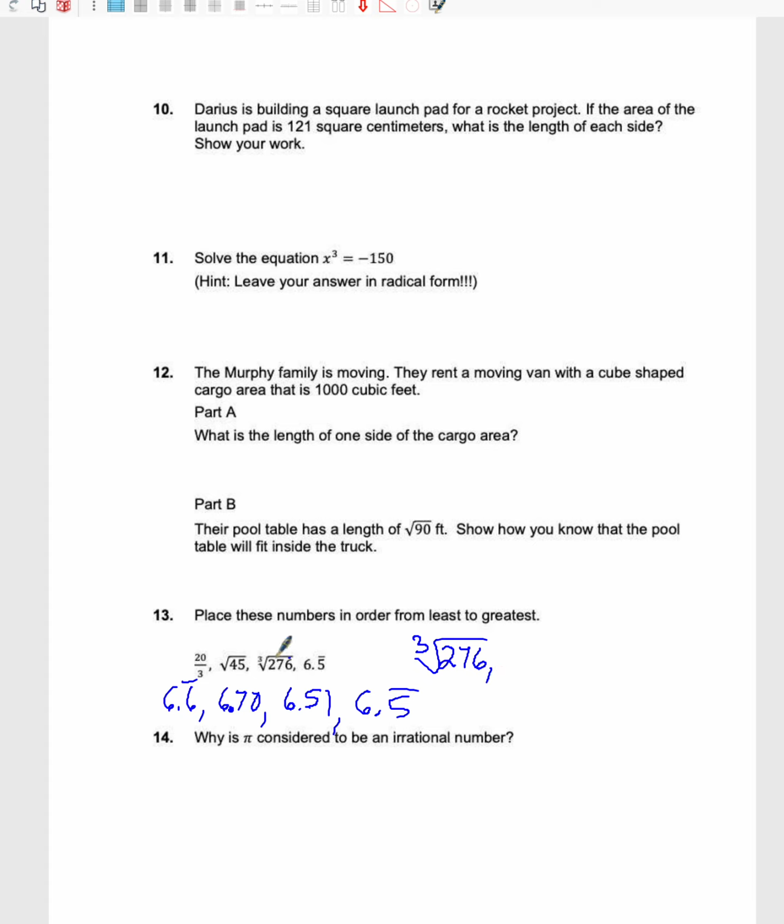What's the next one? 6.5 repeating comes next. Okay, what's next? 6.6 repeating, which would be 20 over 3. And the last one then is square root of 45.